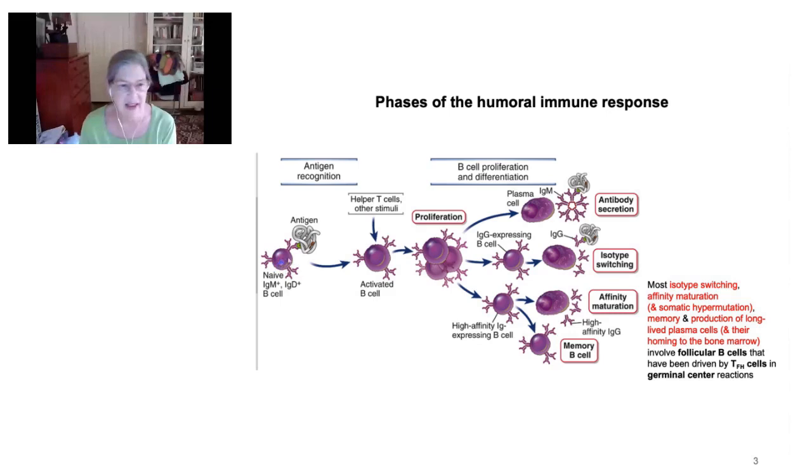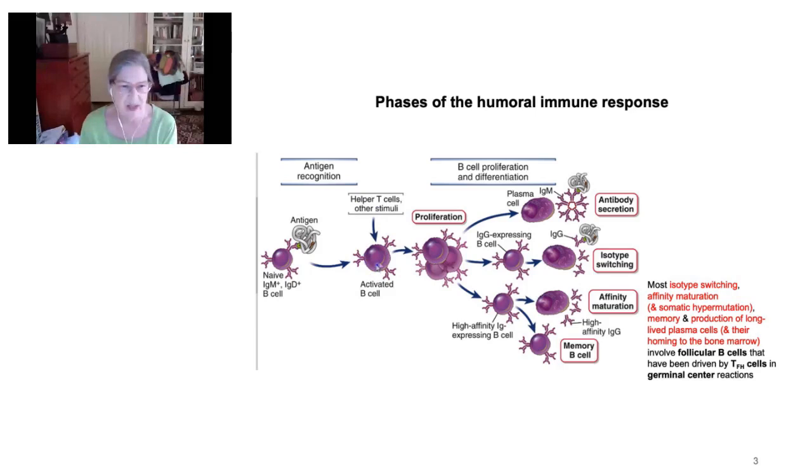They'll bind to antigen and become activated. They could become activated either through the help of a helper T cell or through other stimuli, such as LPS that will bind to toll-like receptors and activate the B cells.